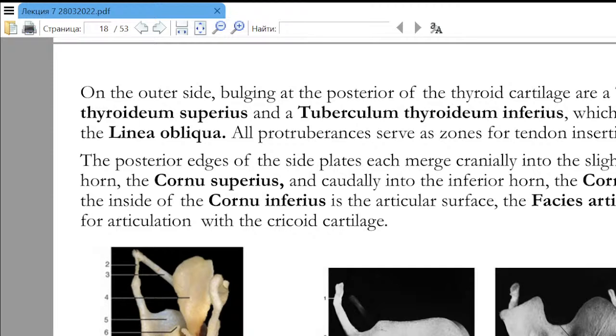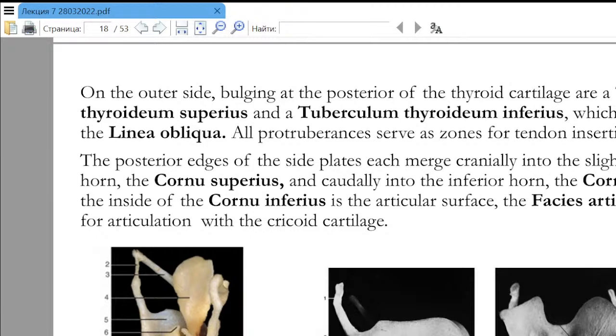On the outer side, bulging at the posterior of the thyroid cartilage, are the tuberculum thyroideum superior and tuberculum thyroideum inferior, which are connected via the linea obliqua.